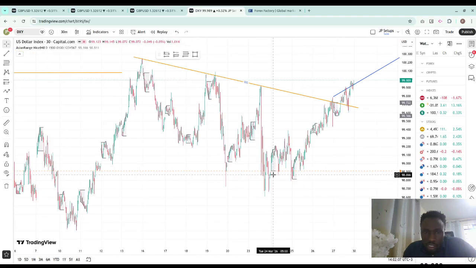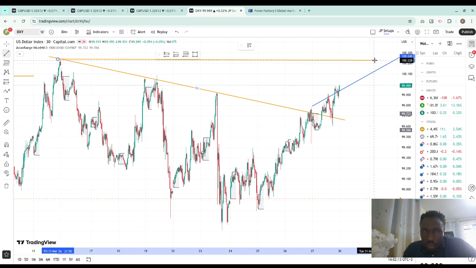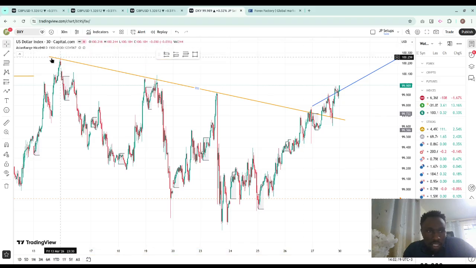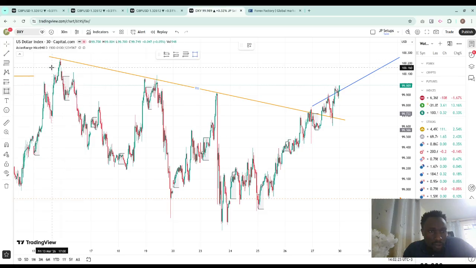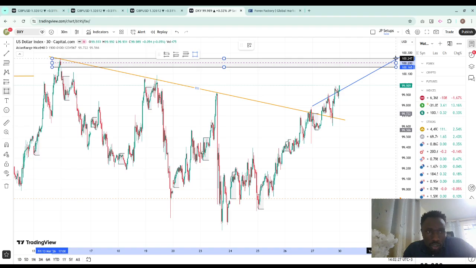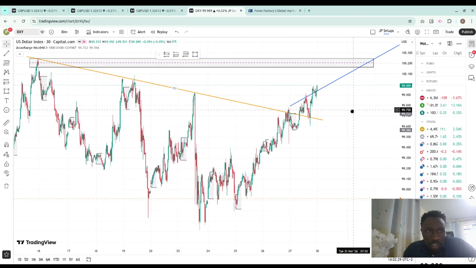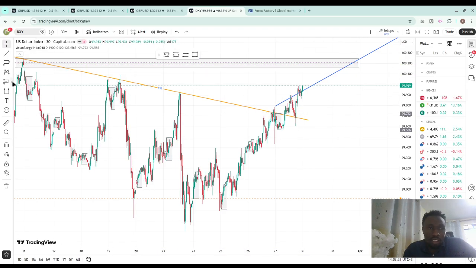I will not take sales on DXY at the moment until we take out this high here. If we take this high here and then we close below, then I will be interested to take sales.